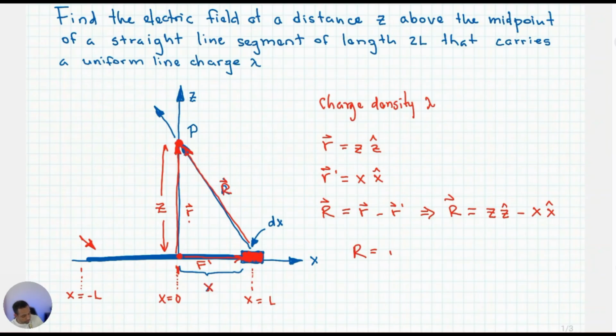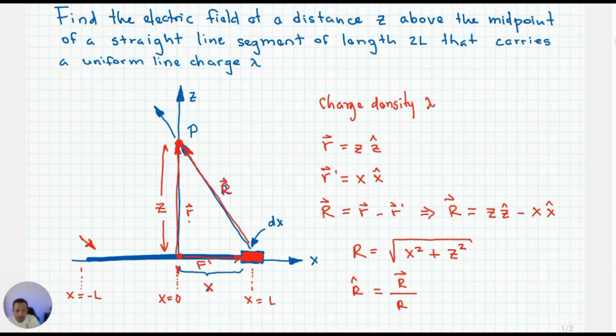The magnitude of this vector is r equal to the square root of x squared plus z squared. We can write the unit vector as the r vector divided by its magnitude.